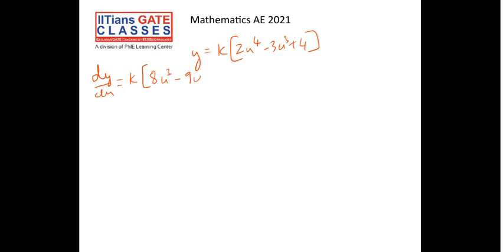Differentiating this with respect to u, dy by du is equal to k into 8u cube minus 9u square plus 1.